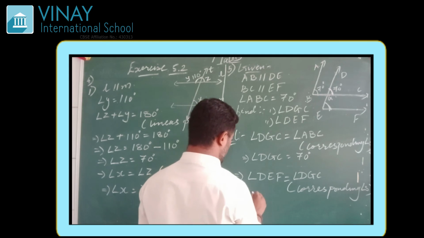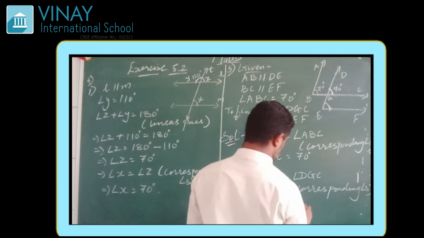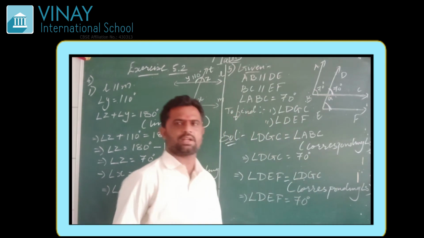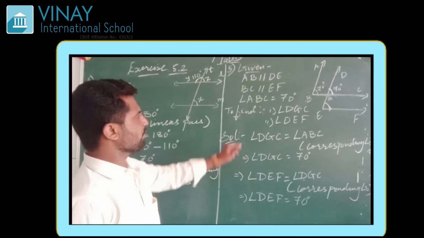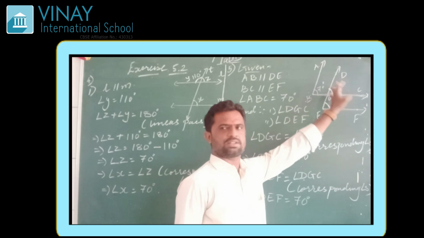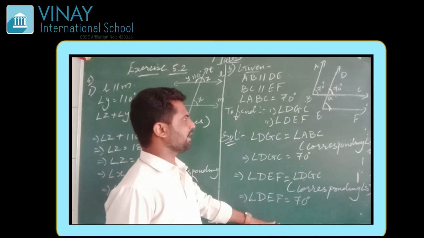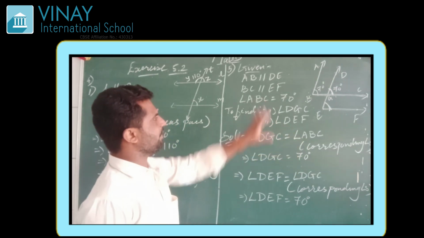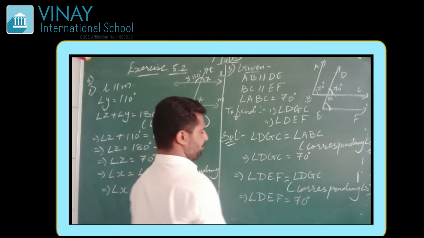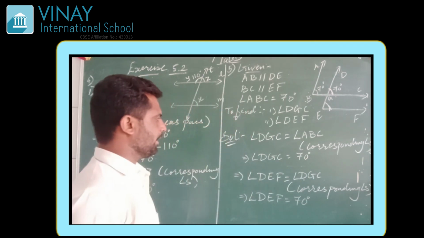So you can write that angle DEF is also equal to 70 degrees, as angle DGC we had found out is 70 degrees. So by the property of a transversal passing through two parallel lines, the corresponding angles are equal, and by that property we found that angle DGC is equal to 70 degrees and angle DEF is equal to 70 degrees.